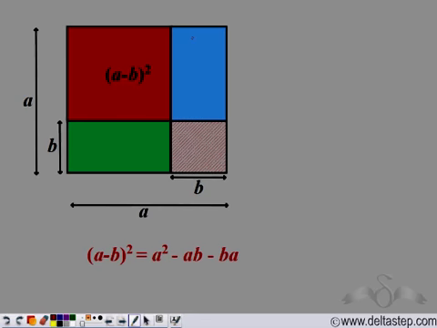We need to add it once in order to get this area. What is this area? This is area of a square with side B. So we add B square to it. So we have A square minus 2AB plus B square, because we have combined the like terms. Hence, A minus B whole square is equal to A square minus 2AB plus B square, and we have proved it geometrically as well.